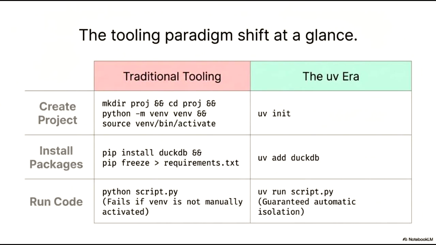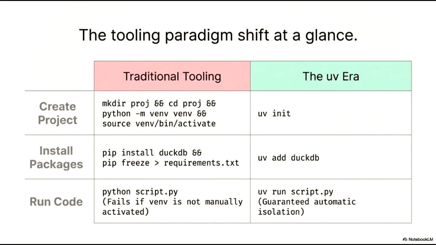This overview illustrates the significant paradigm shift in Python tooling, comparing traditional manual workflows with the streamlined approach of the UV era. In project creation, the traditional method involves a cumbersome chain of commands to set up directories and virtual environments. In contrast, UV simplifies this into a single declarative action: uv init. When it comes to package management, we are moving away from the multi-step process of installing and manually freezing requirements.